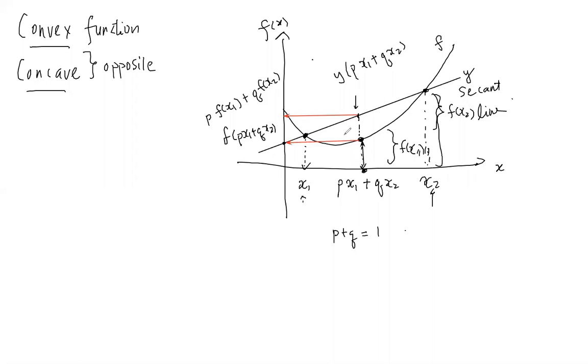So very clearly from geometrical consideration, you will see that f of px1 plus qx2 is lower than or equal to, so this value is bounded by this value, p of f(x1) plus q of f(x2).